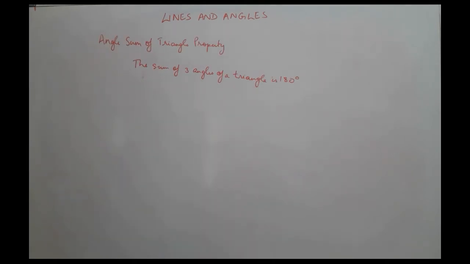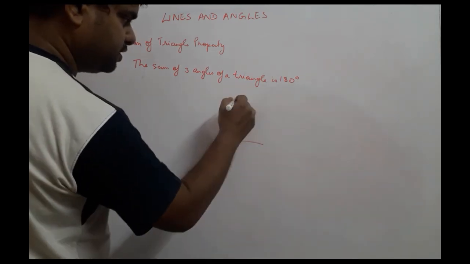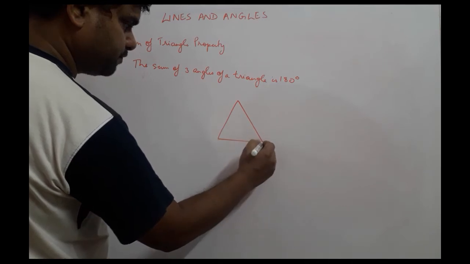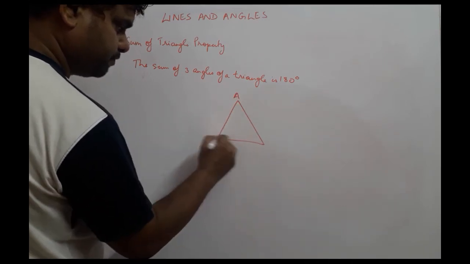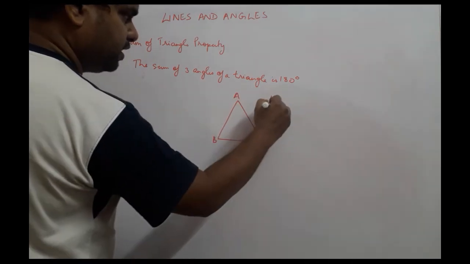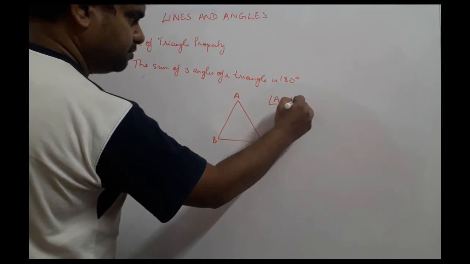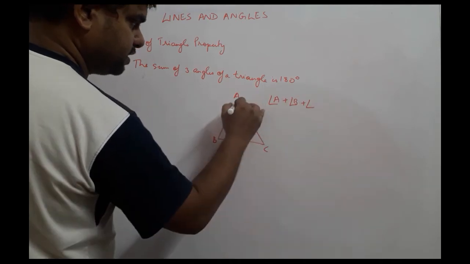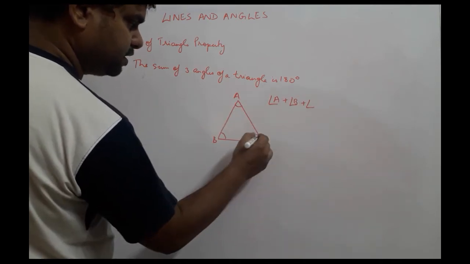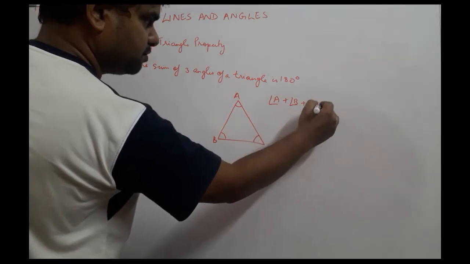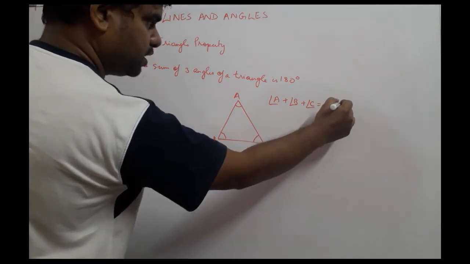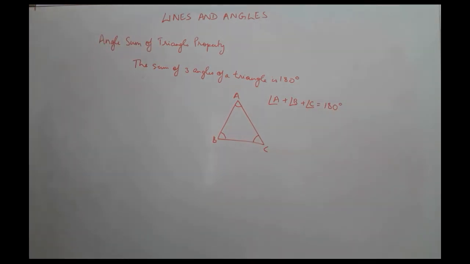It is known as the angle sum property of a triangle, and it says the sum of the three angles of a triangle is 180 degrees, which means if we draw a triangle ABC, angle A plus angle B plus angle C, the sum of all three should be equal to 180 degrees.